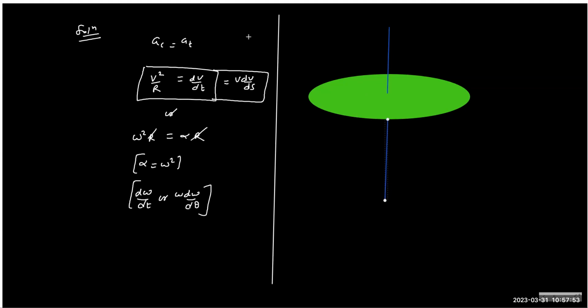Freely means there is no frictional force. At t equals 0, the angular velocity of the disk is omega naught. The radius is r, mass is m. I'll keep it simple.